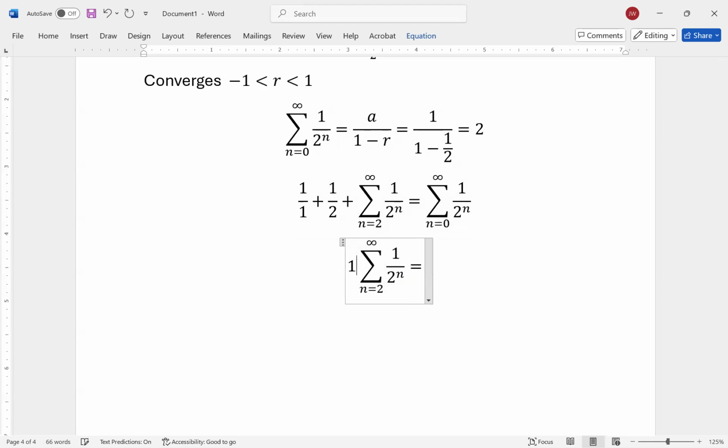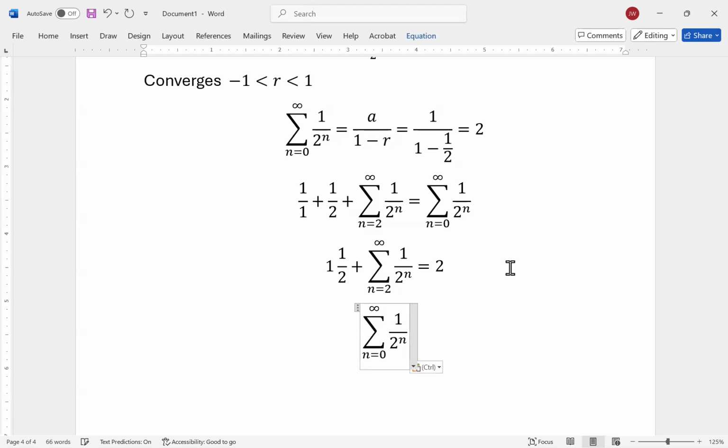This is going to be 1.5 plus the infinite summation is equal to 2. Then subtract 1.5 from both sides. I end up getting that if I start my count at 2, this infinite series converges to 1/2.